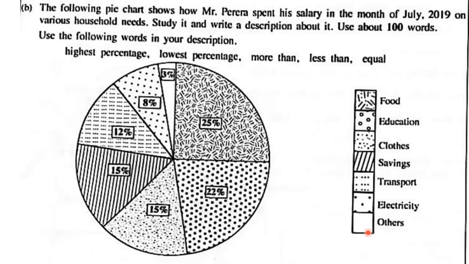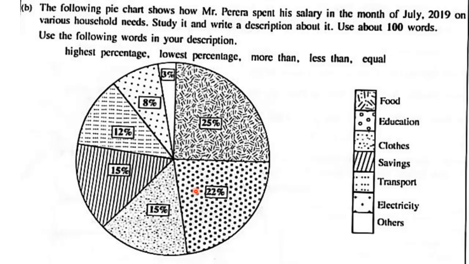So from this, what can you understand? First you have to understand this pie chart. You can understand that this is the total expenditure, or how Mr. Pereira spent his salary on various household needs. So what did he spend on? He spent his salary.